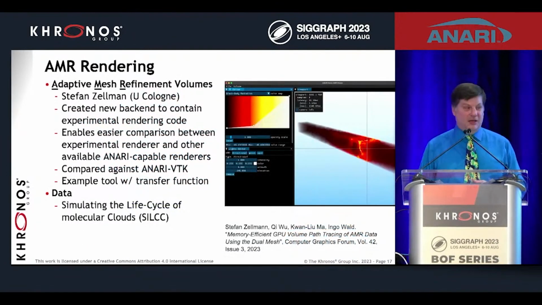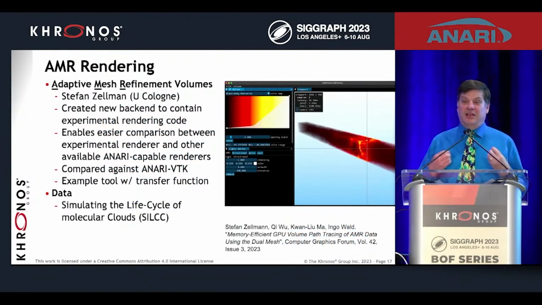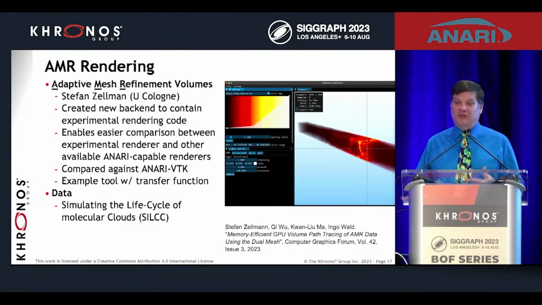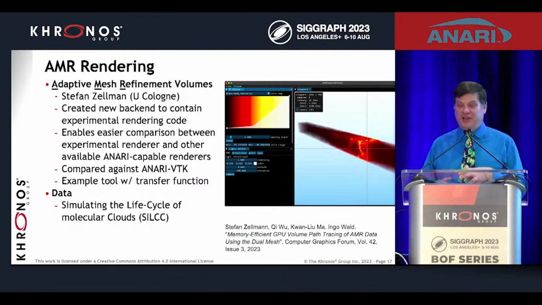So when Stefan was working, he was writing an adaptive mesh refinement renderer that does volume rendering. And so he had written this before he had discovered Anari, and he had it working.